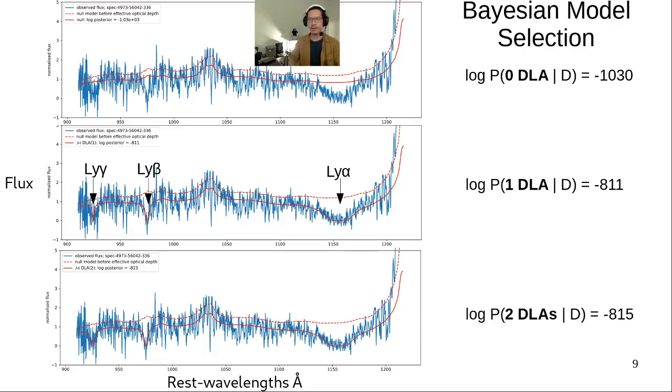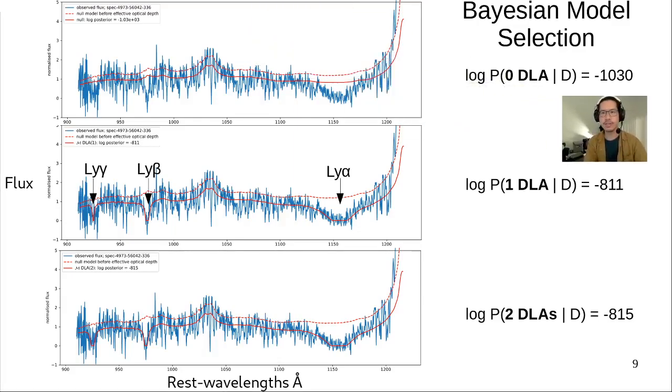Once we have our GP null model in the solid red curve, we can calculate how likely this spectrum can be explained by the null model, and we get the log probability on the right hand side, which is negative 1030. And we can also calculate the probability of this spectrum explained by one DLA inside the modeling window.